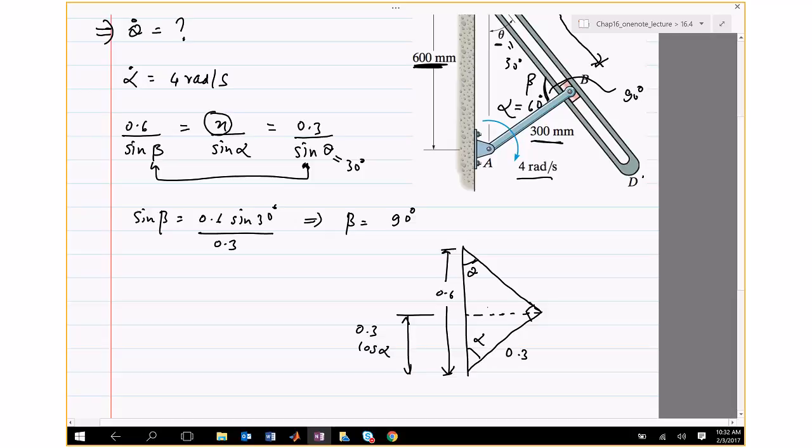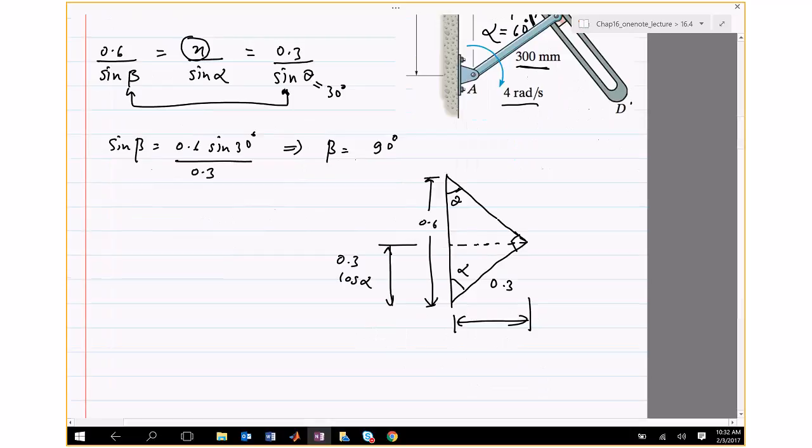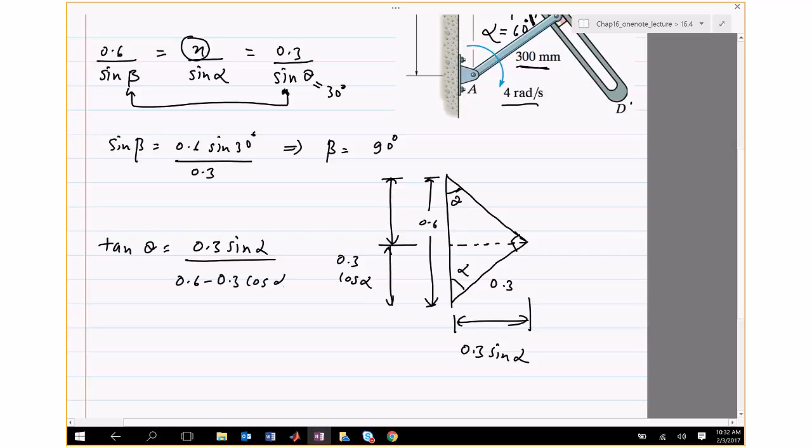And this distance is going to be 0.3 sine of alpha, right? And so I can write tan of theta equals 0.3 sine of alpha divided by this side, right? This side is simply 0.6 minus 0.3 cosine of alpha.